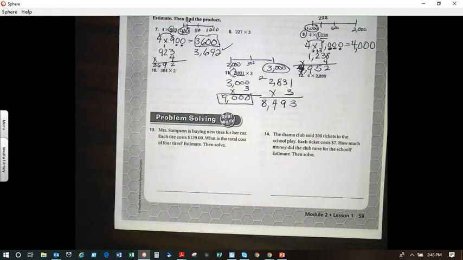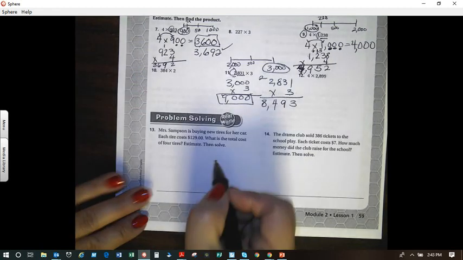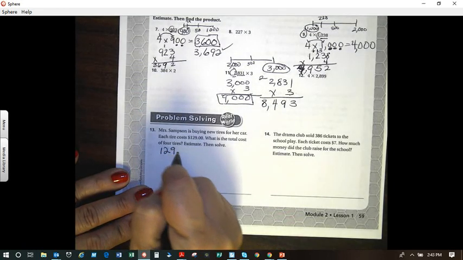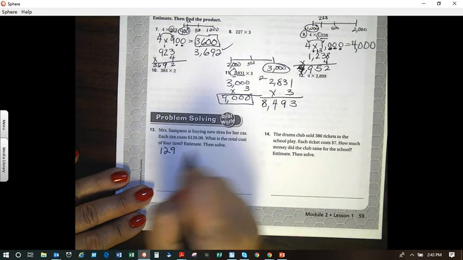But Mrs. Sampson is buying new tires for her car. Now, each tire costs $129. What is the total cost of four tires? And we want to estimate that and then solve. So 129, and we did this in one of the classes, I don't remember. We said that 129 is about $100.